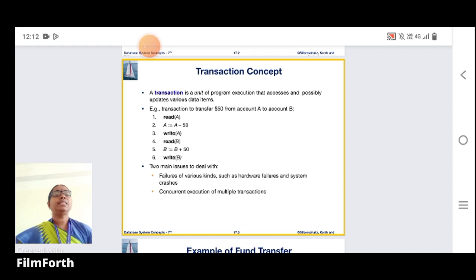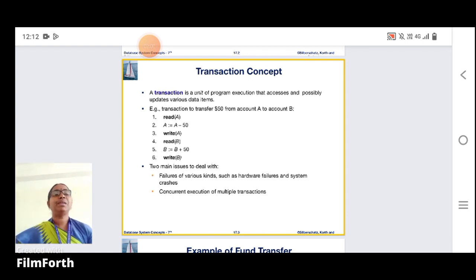For example, in this given example, there is a transaction in which we transfer amount 50 from account A to account B. It is a single unit of work. But it involves operations: first we read account A, then we subtract 50 rupees from account A and write this value into the database.